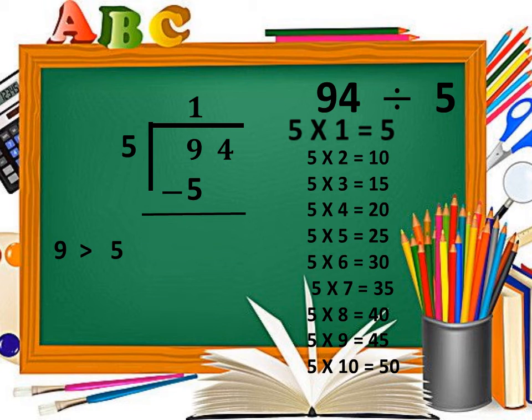Next get down the next digit 4. Then here we will get 44. Again go to 5 table and check where we will get the number near or less than to 44. Here 5 8s are 40. So it is less than and near to 44.